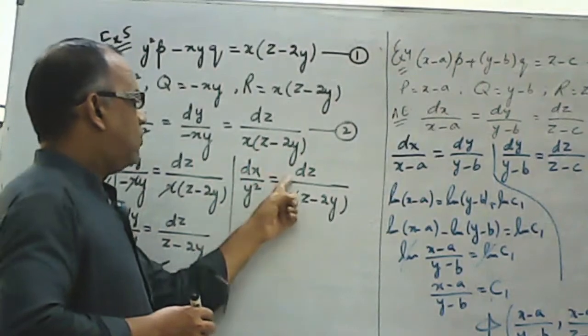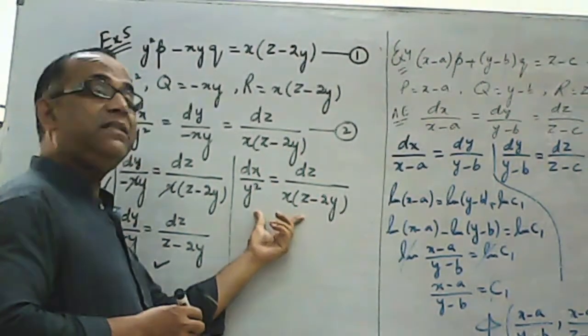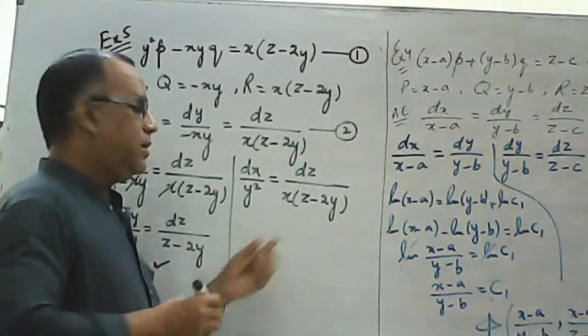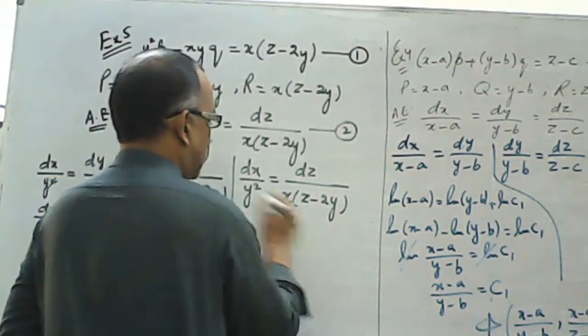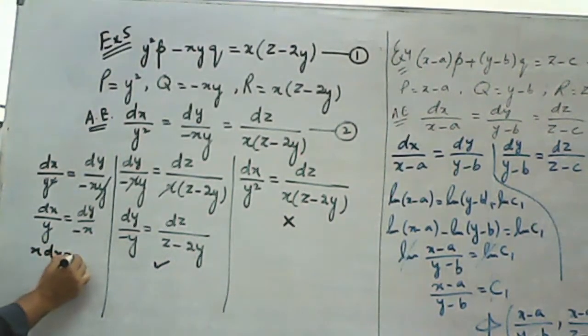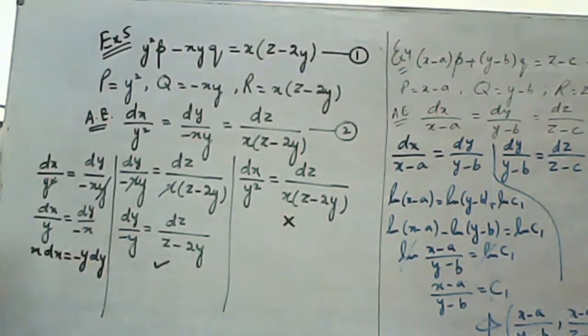Here y is missing in the numerator and y is there in the denominator, and there is no way to cancel out y, so this pair is not solvable. So these two pairs are possible to solve. This is the case of separable variables. So I separated the variables, equal to minus y dy. I switch x here and y here.